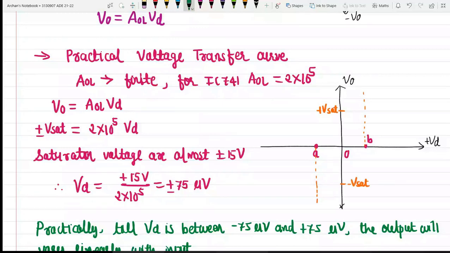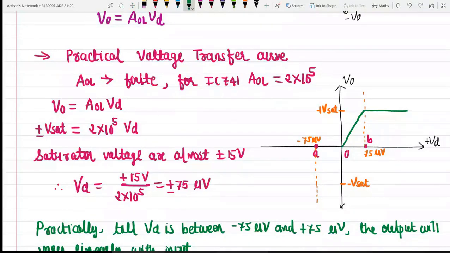This B point indicates plus 75 microvolt and A point indicates negative 75 microvolt. So when we increase voltage from 0 to 75, we will have a linear relationship like this, up to this instant. If I further increase voltage beyond this 75 microvolt, what is going to happen? My output is going to saturate like this.